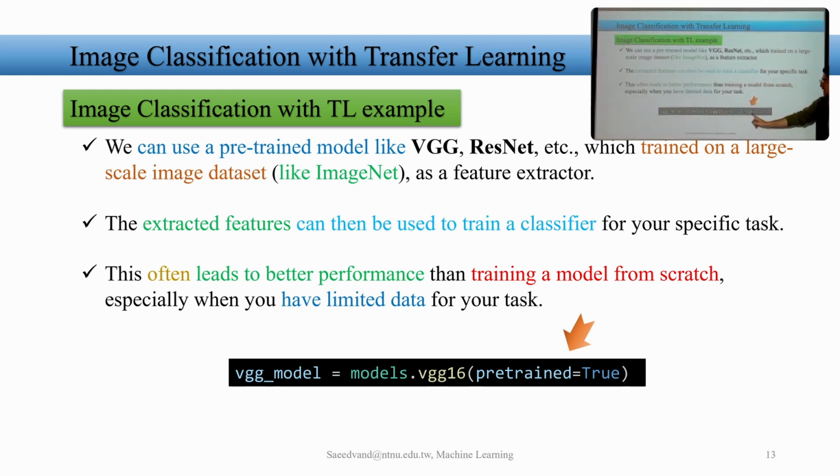Then we have a parameter: if we set pretrained equal to true, for example with VGG, what happens? It's already implemented so that we can use transfer learning. How? The VGG is already trained on ImageNet. Even VGG16 has been trained with 1.2 million images. If you write pretrained equal to true, then the PyTorch library, the first time you run it, will download something.